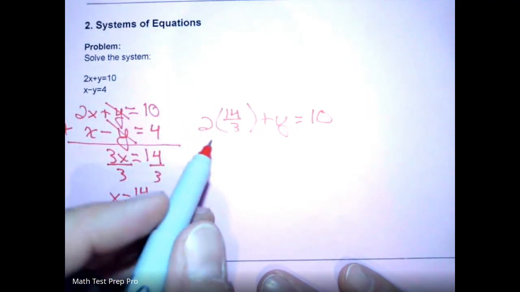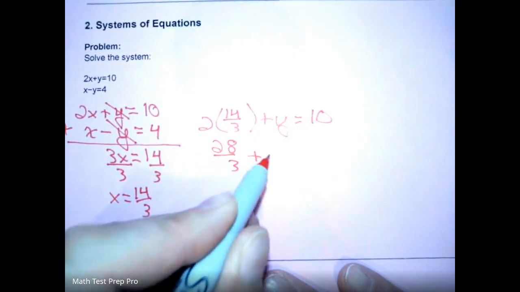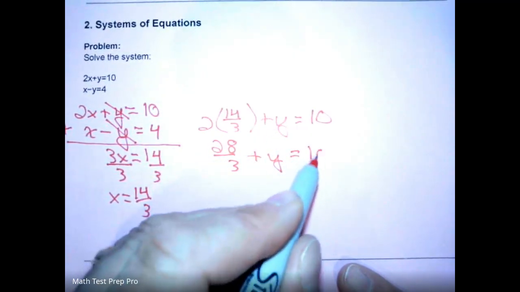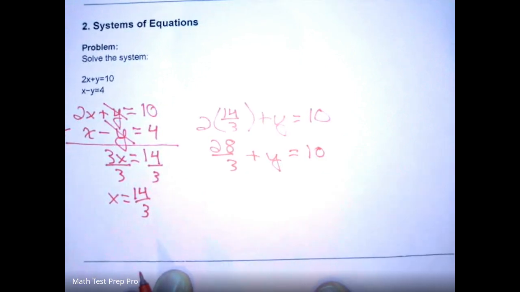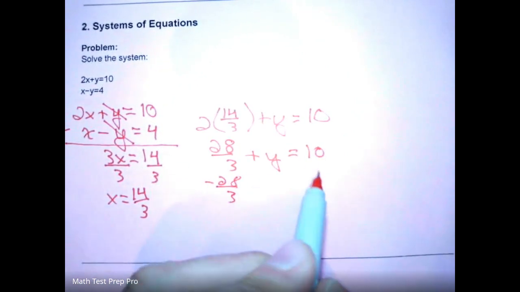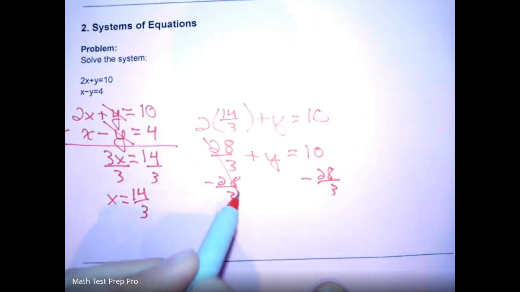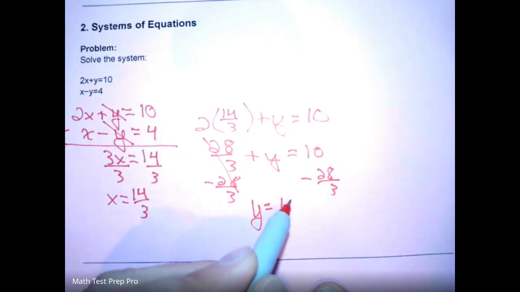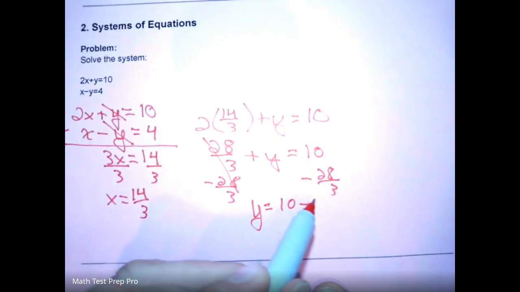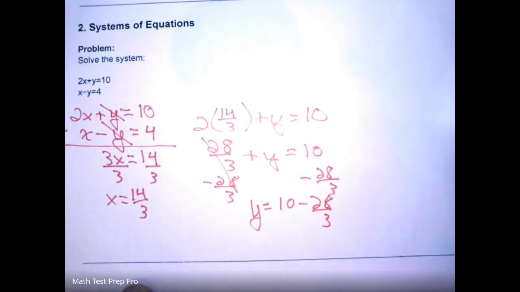So it's going to be 2 times 14, which is 28 over 3, plus y equals 10. I subtract 28 over 3 on each side, which cancels it out on the left, leaving y equals 10 minus 28 over 3. So I'm going to use equivalencies here.